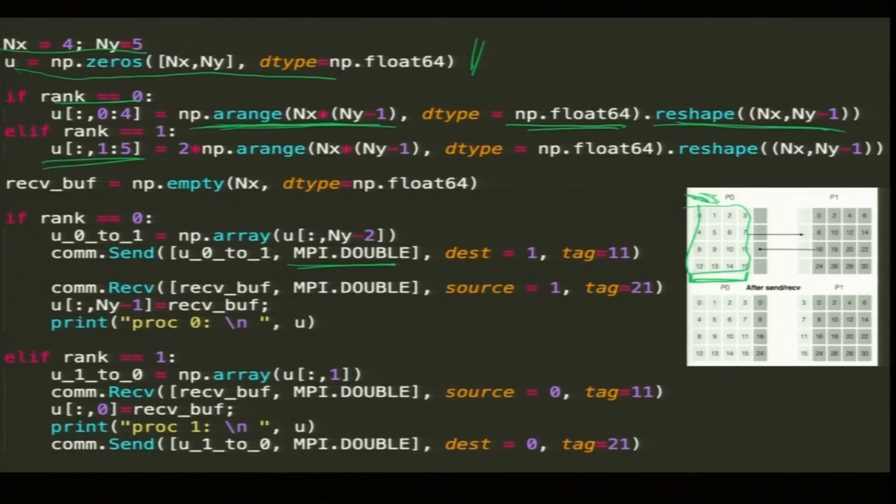Rank 1, I have to save it in columns 1 to 4, not column 0. Column 0 I am reserving for data coming from P0. So, colon means all rows, but columns 1 to 4.